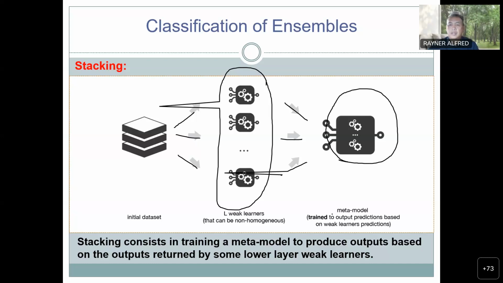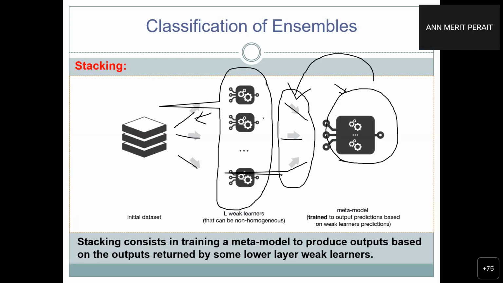The meta model is trained to output predictions based on the weak learners' predictions. So instead of predicting the class here, this meta classifier is to predict the output here, based on the input that we get from all these classifiers.